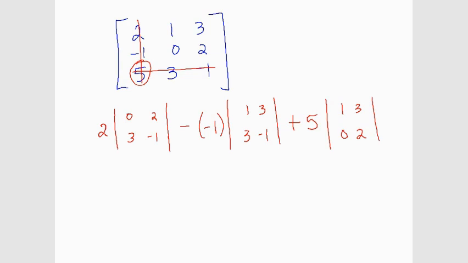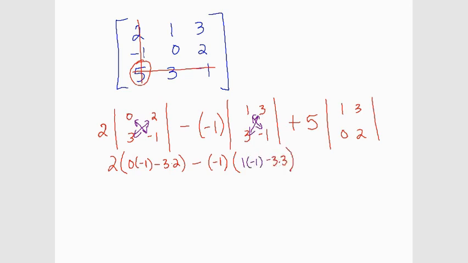And now let's go ahead and cross multiply. We get 2 times the quantity 0 times negative 1 minus 3 times 2. Okay. And we get, I'm going to put minus here for now, a negative 1. And then I've got my cross multiplication, 1 times negative 1, 3 times 3. So 1 times negative 1 minus 3 times 3.